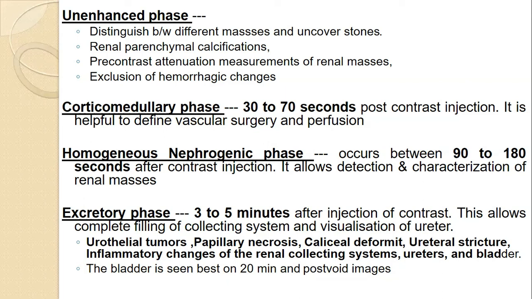It allows detection and characterization of renal masses. The last one is the excretory phase, which occurs 3 to 5 minutes after injection of contrast. This allows complete filling of the collecting system and visualization of the ureter. It helps in ureteral tumors, papillary necrosis, calyceal deformities, ureteral stricture, and inflammatory changes of the ureter and bladder. The bladder is seen best on 20-minute post-void images.